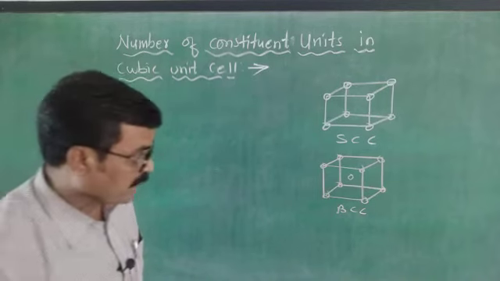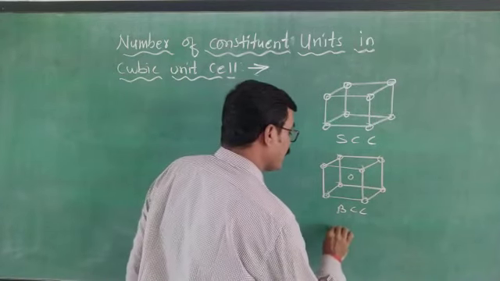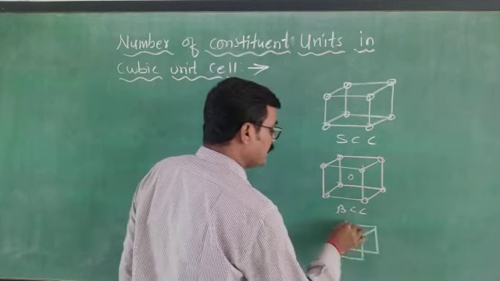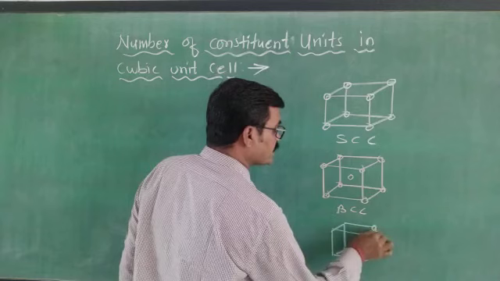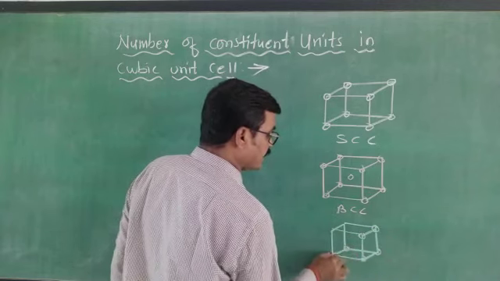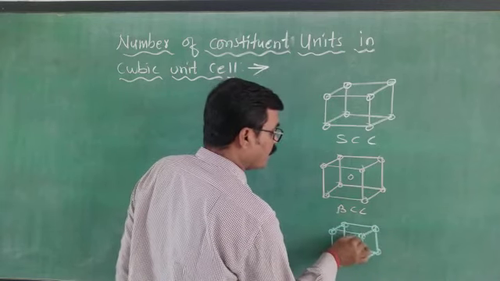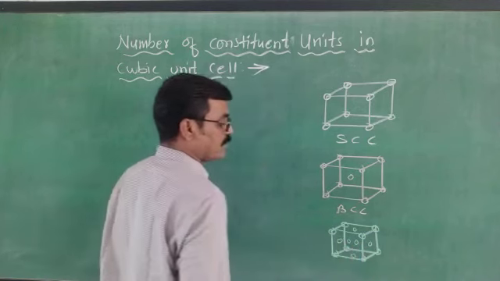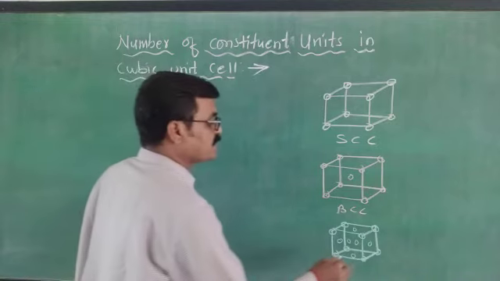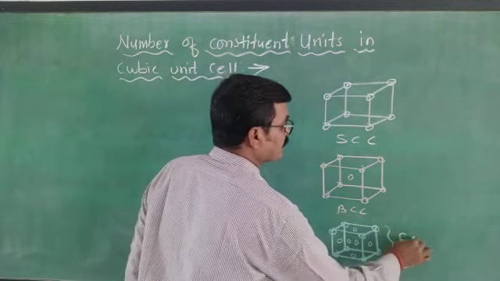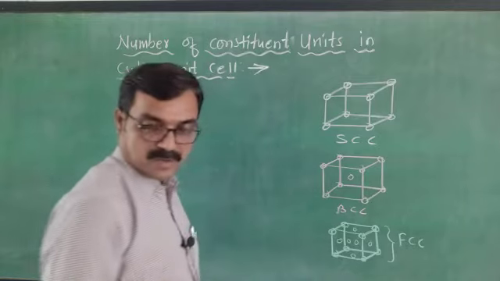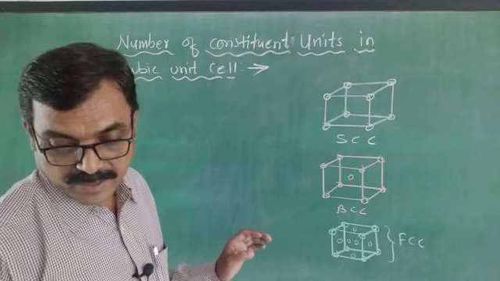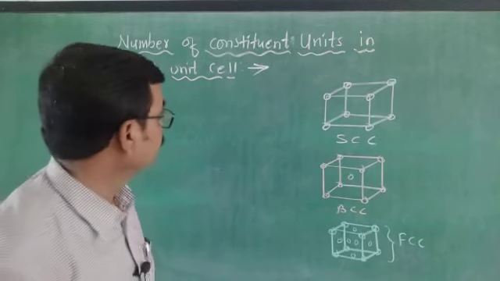Now the third one: 8 atoms at the 8 corners of the cube and 6 more atoms present at the centers of the 6 faces. This is a face centered cubic crystal.